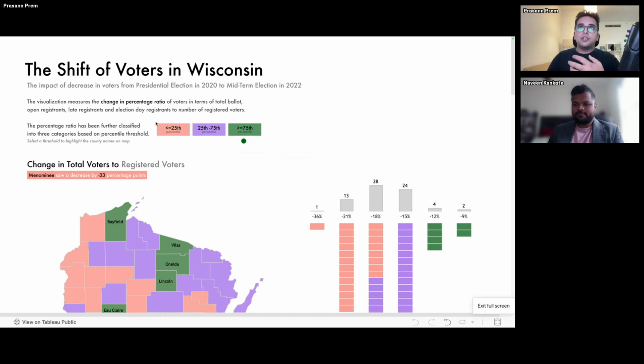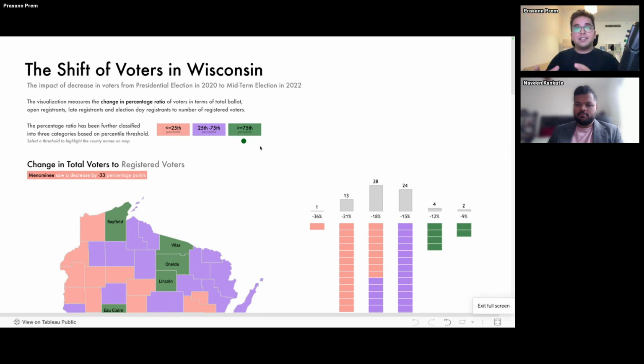And then we have also classified this whole thing into three buckets using percentile. So our salmon color is all below the 25th percentile, and then we have this purple violet color for the 25th to 75th percentile, and all the green that you'll be looking over is above the 75th percentile.